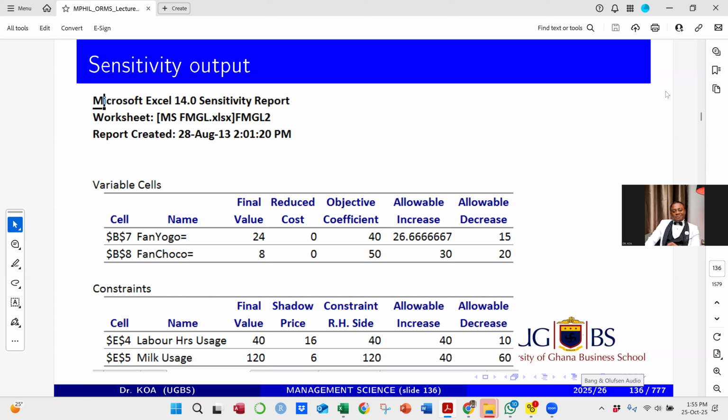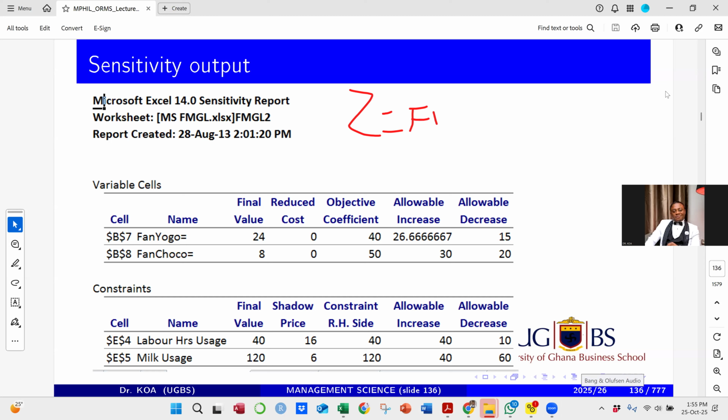What are the ingredients of the Excel result you need to answer that question? You are being asked to find the Z, that is a corresponding objective function. How do you do it?